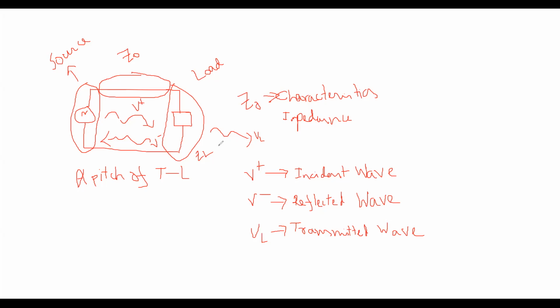And from this we can find some equations, like this is ZL, this is source. And we found a wave that is the standing wave. How does it happen?